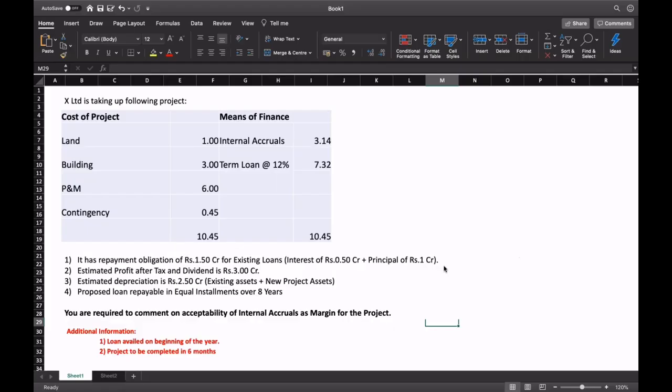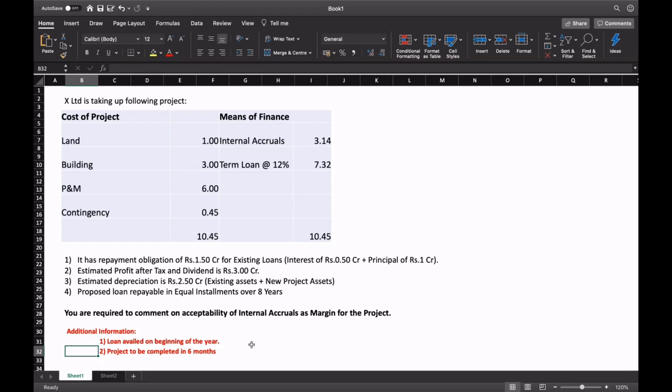I have taken the case here, same information, but there are two additional things. One assumption is the loan is availed at the beginning of the year, and the second assumption is the project is to be completed in 6 months. These two assumptions were not there earlier when we discussed.